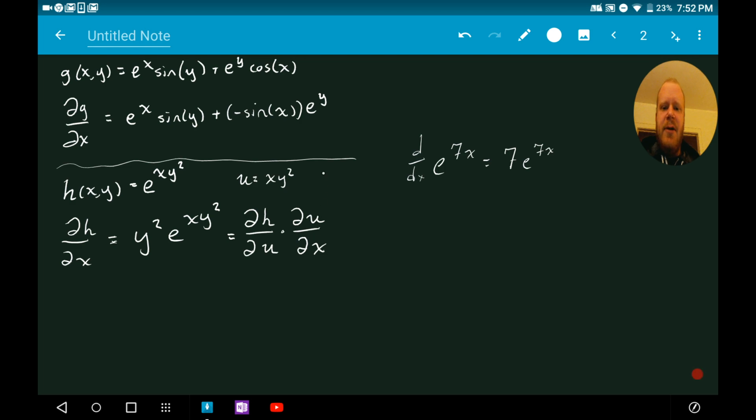So del u del x, that's just going to be the partial derivative of this with respect to x. There's our y squared. This is del h del u. So this is the partial derivative of u with respect to x of h.